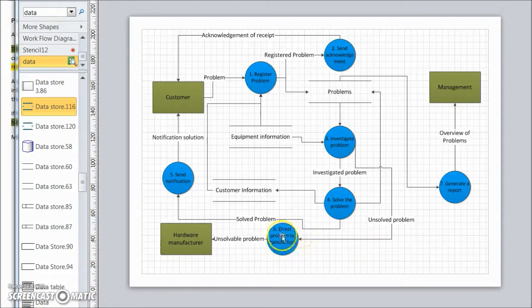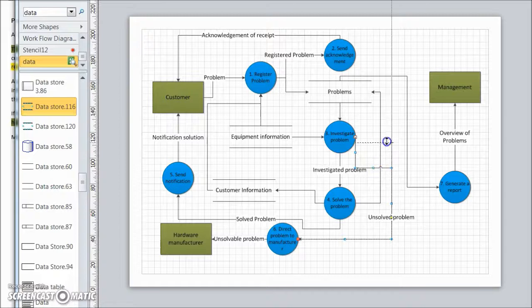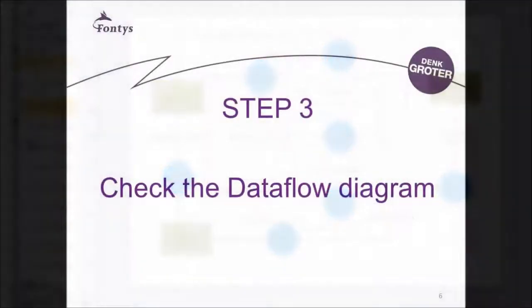To make it more readable, you can always change the layout of the DFD. And this is basically your DFD. In the next step we will take a look at how to see if your DFD is correct or not.